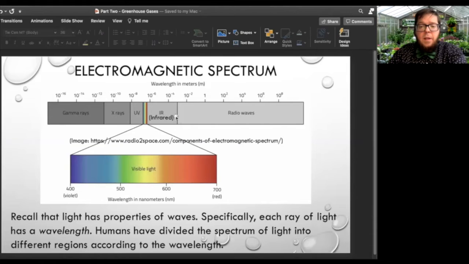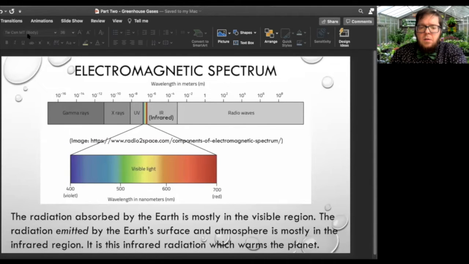And then at some point we drew a line and said everything else is... wait a minute, there should be microwaves on this picture. How did I miss that? So somewhere in there are microwaves as well as radio waves. But that's not important right now. Infrared light is what we're going to be focusing on.